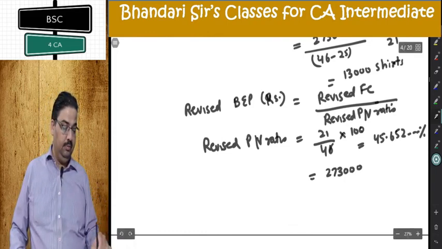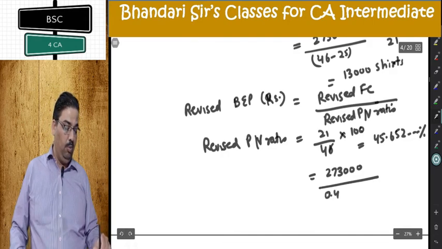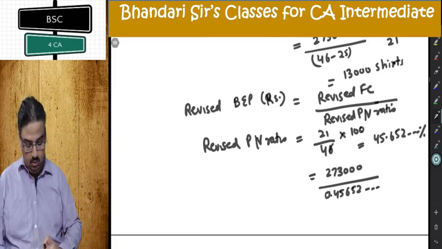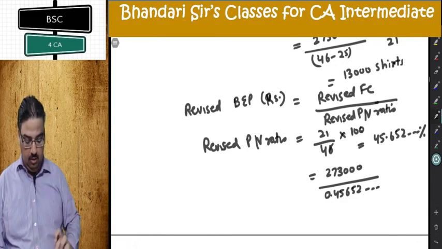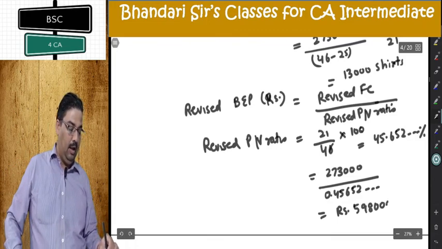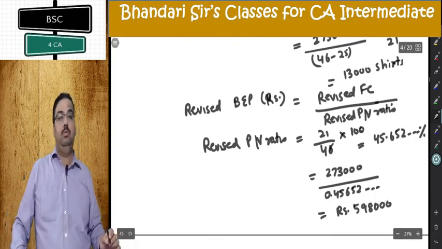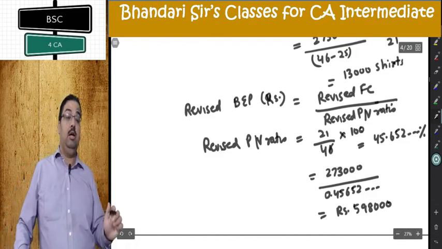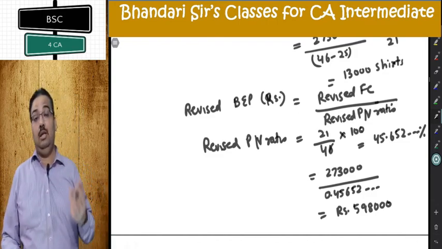Behind the revised fixed cost 2,73,000 divided by 0.45652 dash dash dash, I recall this from memory and get rupees 5,98,000. The moment you approximate, you will get an error of a few rupees. That is not acceptable at CA level. Approximation errors cost lots of marks in the exam.